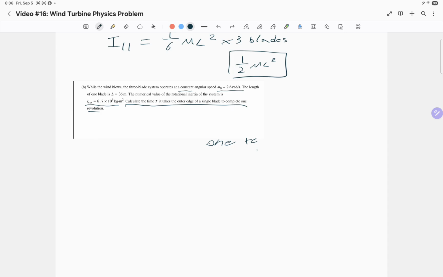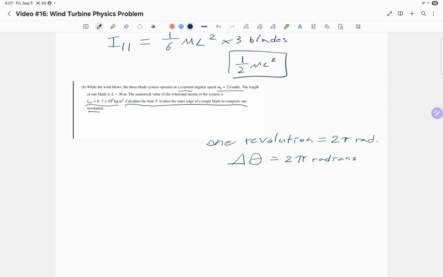They're putting it in radians. So we need to convert revolutions to radians. 1 revolution, as I hope you know, is 2 pi radians. So our angular displacement here is 2 pi radians. So I'll put delta theta.